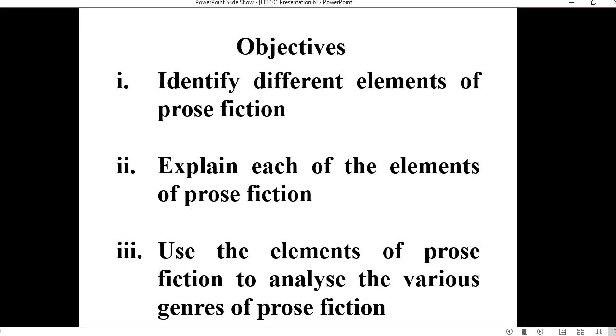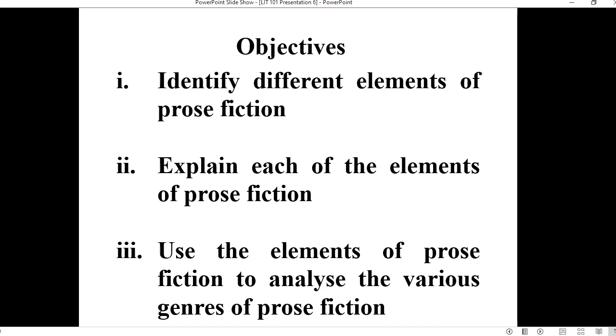You should be able to explain each of these elements and apply the knowledge you are going to gain from learning about the elements of prose fiction to analyze any prose narrative you pick up after reading it.